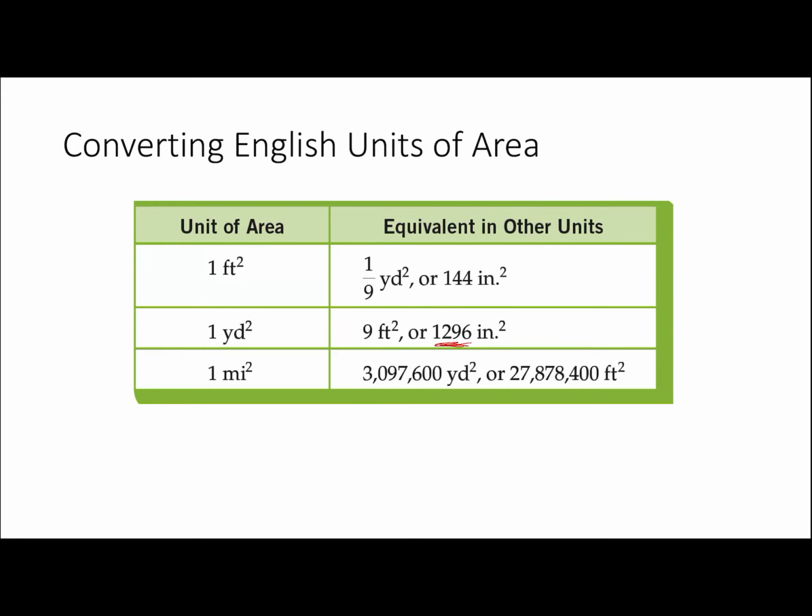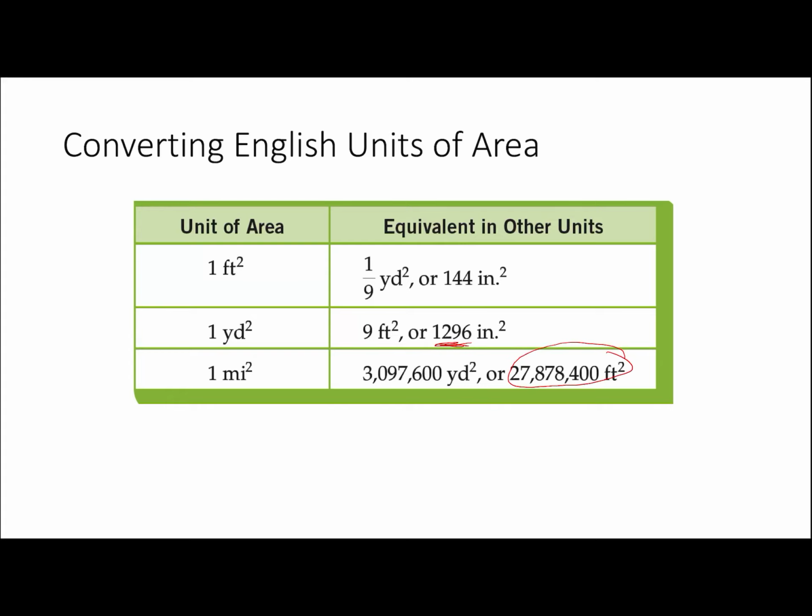And then we can talk about mileage and do the same thing. So each mile is 5,280 feet. So if you square that, if you do that on both sides of a square mile, you would have 27,878,400 square feet.